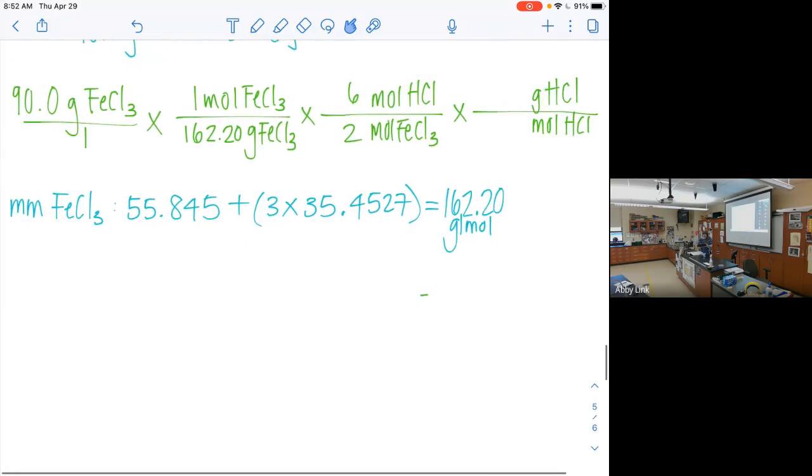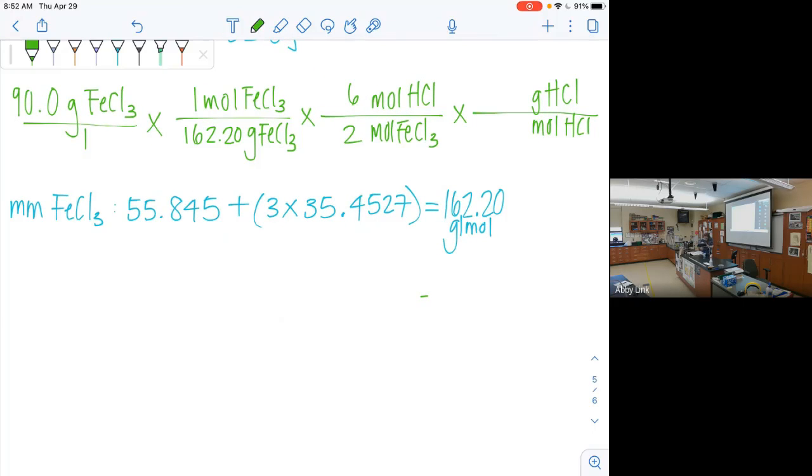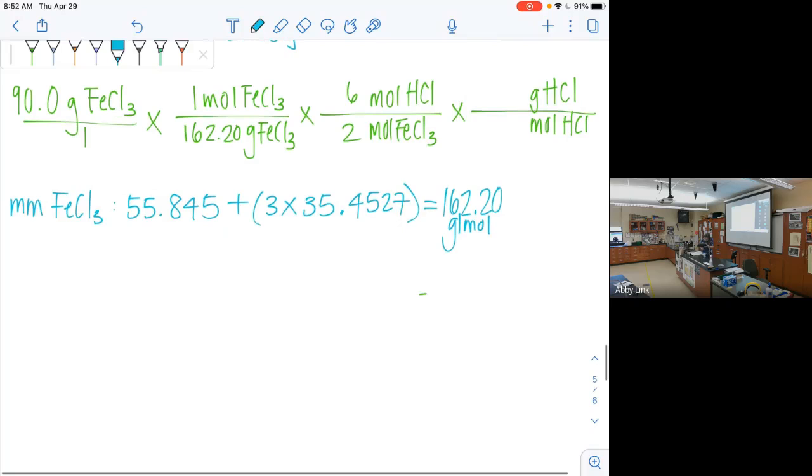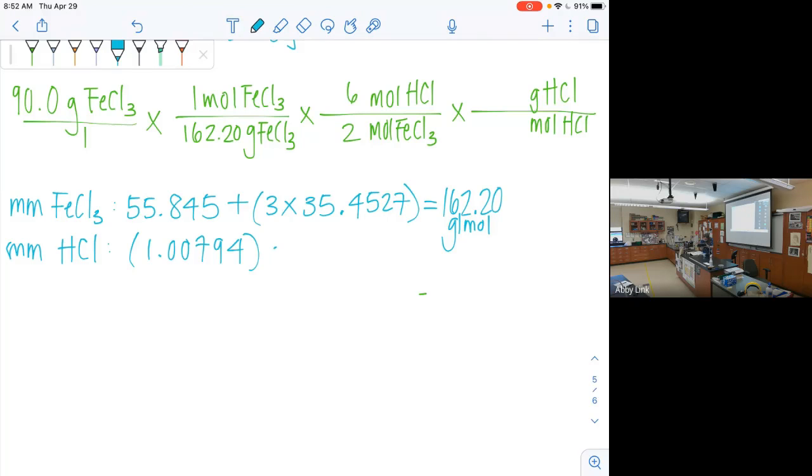And we need to calculate the molar mass of HCl. Should be a little quicker. Hydrogen is 1.00794. Plus chlorine is 35.4527. HCl comes out to be 36.46 grams per mole.